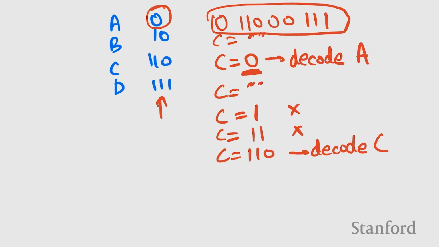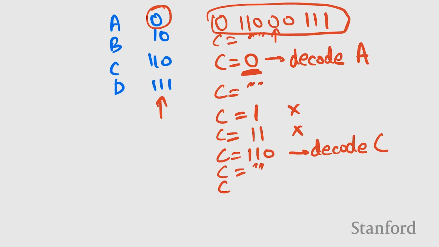Can somebody help me with the next few steps? After I decode C, what is the value of my variable C? Yeah, C becomes empty again. After you decode, you reset C. Okay, next step. Next symbol is this one.